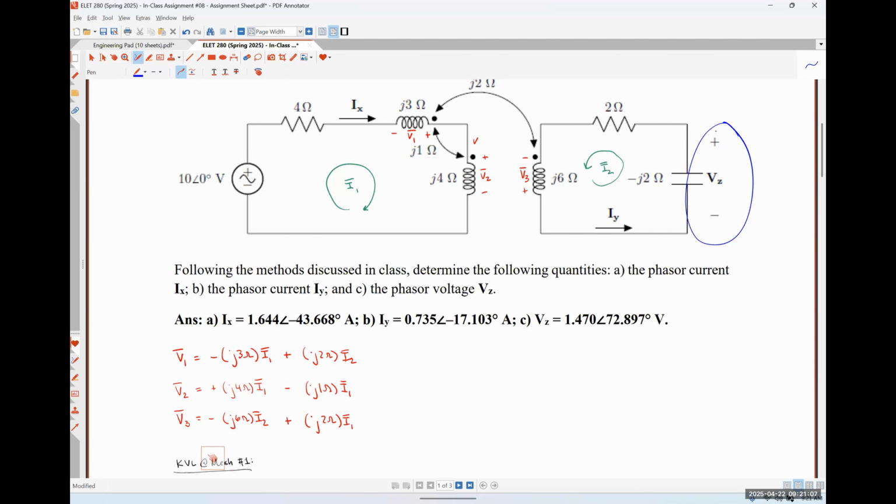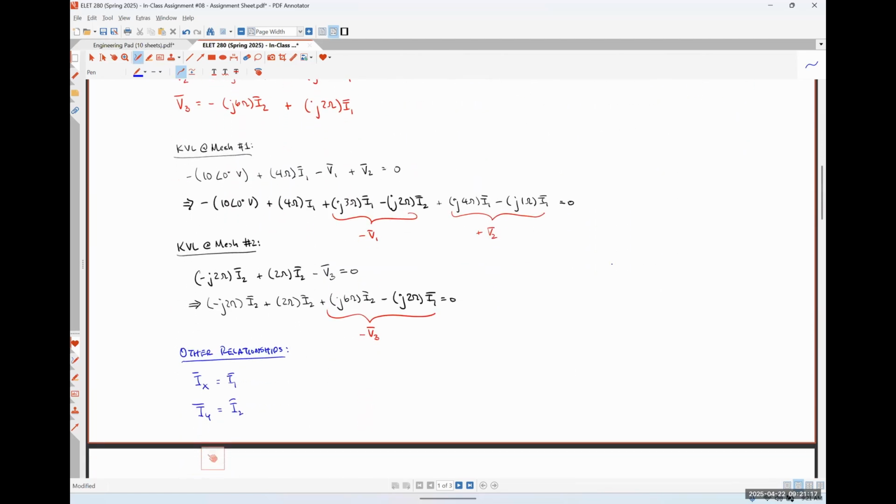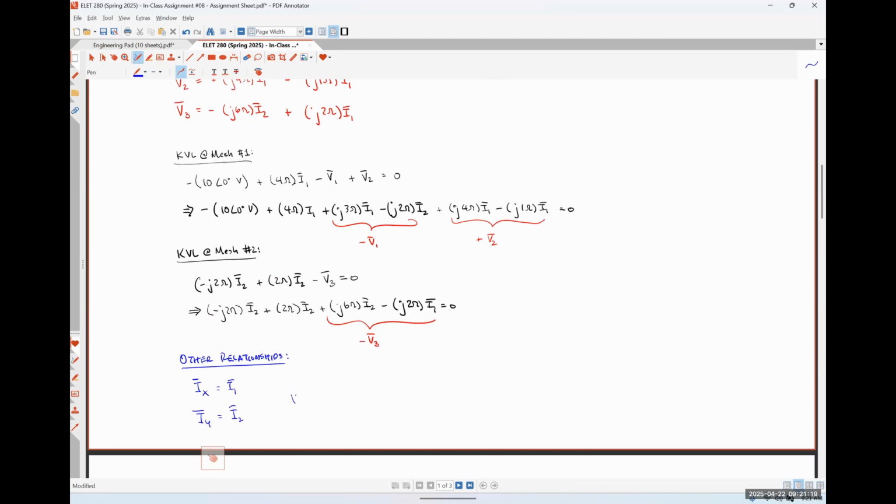Okay. So what current flows into the positive polarity terminal? Negative I2. So we would say that VZ is going to be negative j2 ohms times negative I2.